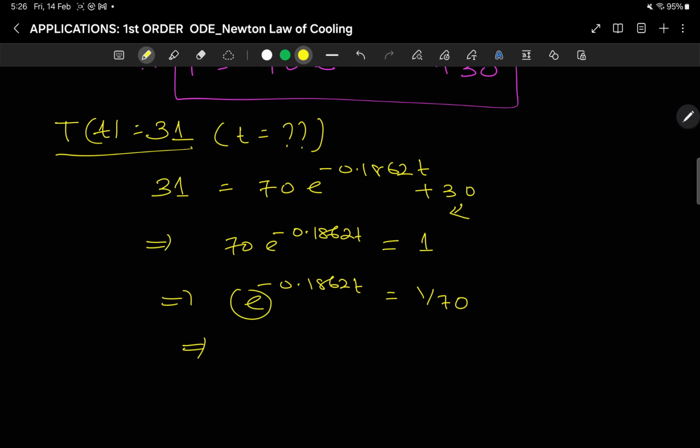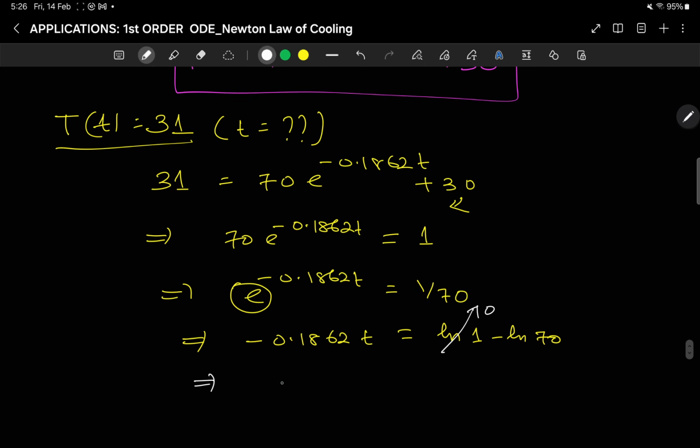So now, removing this exponential, we have to take the log. So minus 0.1862 t is ln 1/70, which is ln 1 minus ln 70. Here ln 1 is 0, so multiplying by a negative sign, 0.1862 t is ln 70.